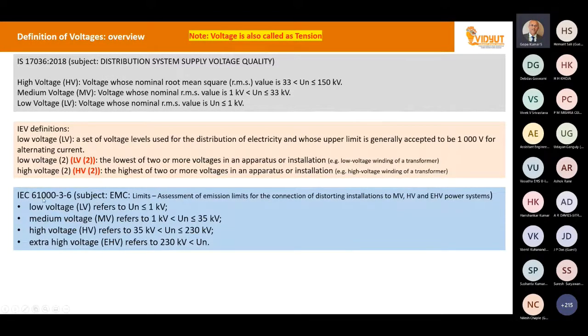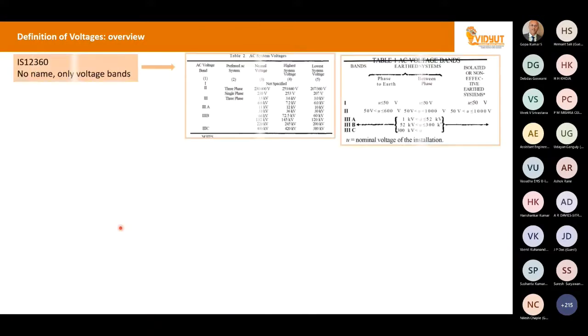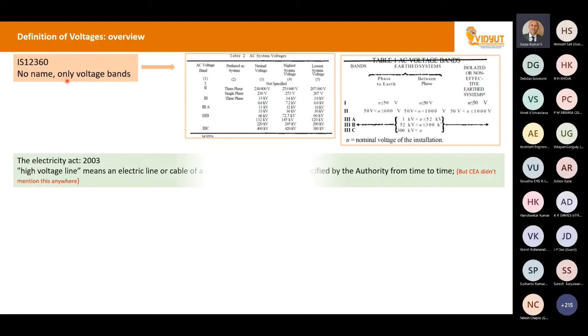Now the IEC 61036 is talking about some other definitions. Another IEC standard is talking about some other standards. Of course, at the IEC level, all these definitions have been changed to two levels, less than 1 kV and higher than 1 kV. If we look at the IS 12360, it talks about the voltage band, but no definition for each band has been given.